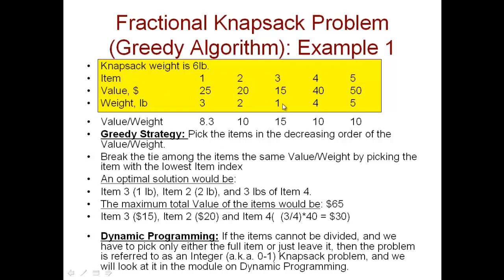So your greedy strategy may sometimes force you to narrow down to only certain items. And if the greedy strategy does that, it's not a good greedy strategy. Sometimes greedy strategy has that weakness.